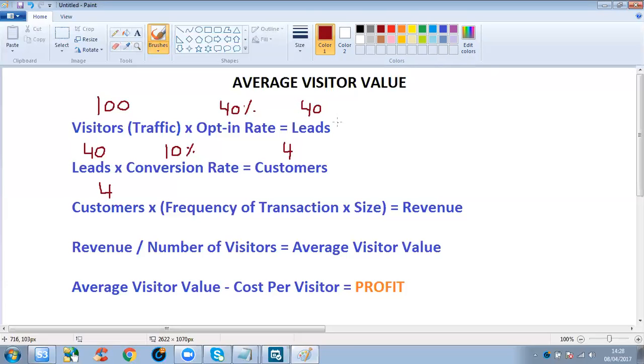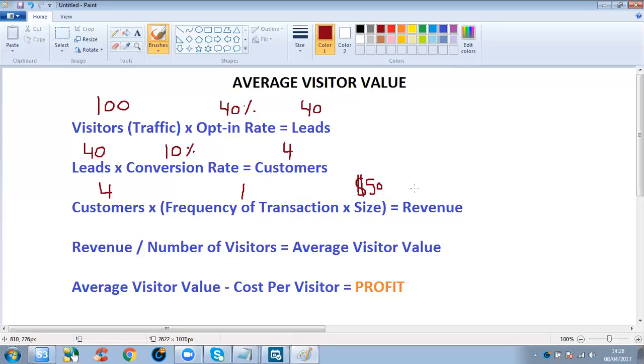So let's say, for argument's sake, they just buy one product from you on day one when they see your business, they see your offer, they see your product, and let's say that product is $50, or should I say you're going to make a $50 commission when they buy that product or they join the business.